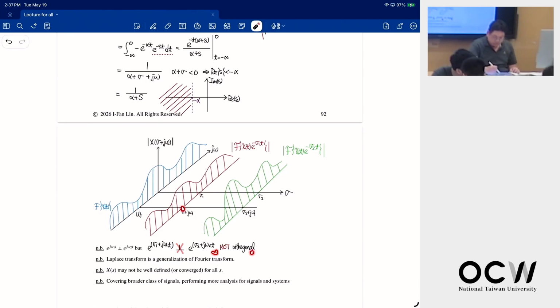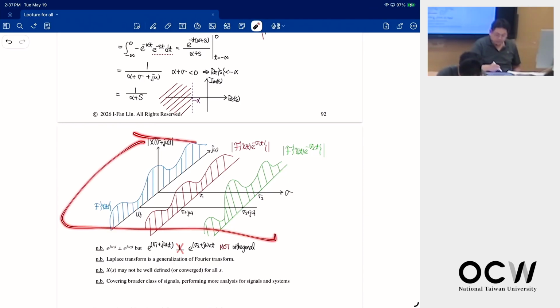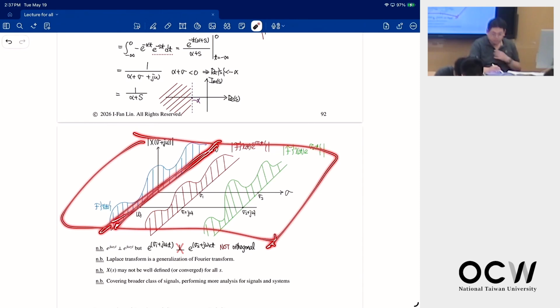This one and this one are not orthogonal, so they are not the basis. So for this whole plane, we only have a basis here. We won't have extra bases.